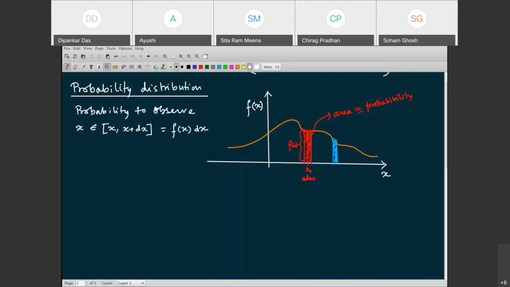So remember, only f(x) doesn't have a meaning, but only f(x) times dx gives you the probability. So you always need to specify an interval of x in which you want to observe x, and this f(x) dx will give you that probability. Of course, since my total probability should be 1, if you integrate f(x) dx, that should be equal to 1. So that is the normalization of the distribution function, and this f(x) is called the probability distribution function.